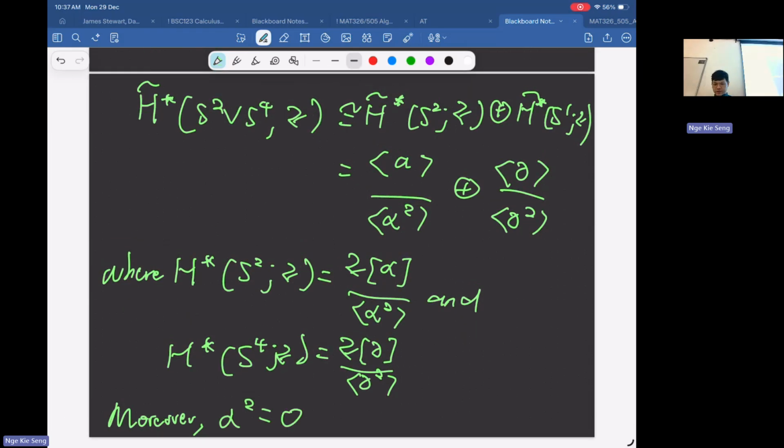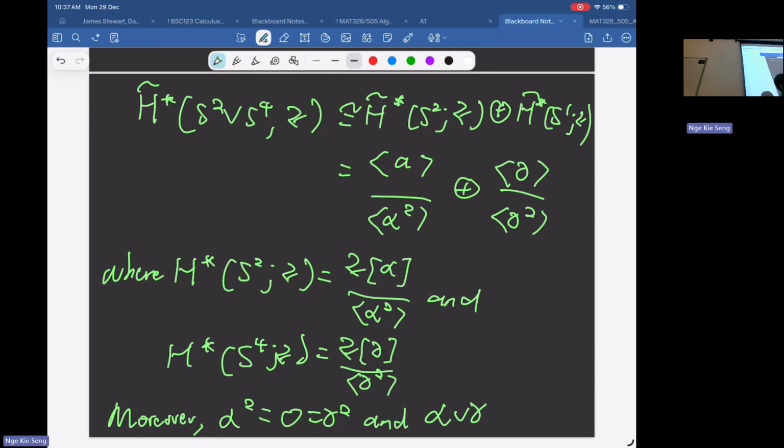So far makes sense? Okay, and moreover, here is a more important thing. Alpha square equals 0, gamma square equals 0, and what do you think about alpha gamma? Alpha is degree 2, gamma is degree 4, so the product is degree 6. Is there anything in degree 6?